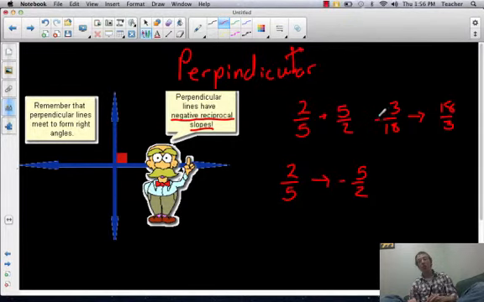Because we're changing the negative of it, or turning it to a negative. This one was positive, so we turned it negative. This one was negative, so we turned it positive. And we just flipped the fraction upside down.